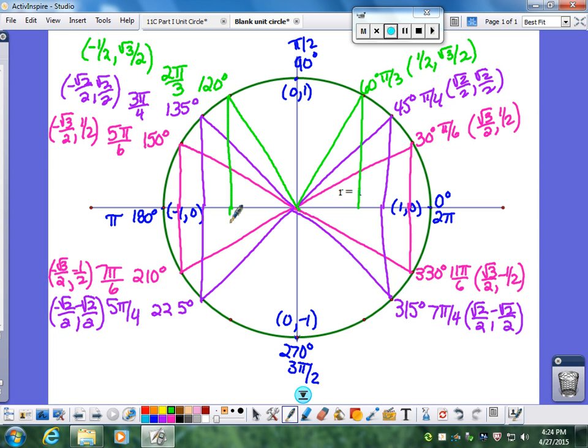All right, third quadrant, 60-degree reference angle. We got 2, 3, 4. 4 times 60 is 240, or 4 pi over 3, and we're negative, negative.